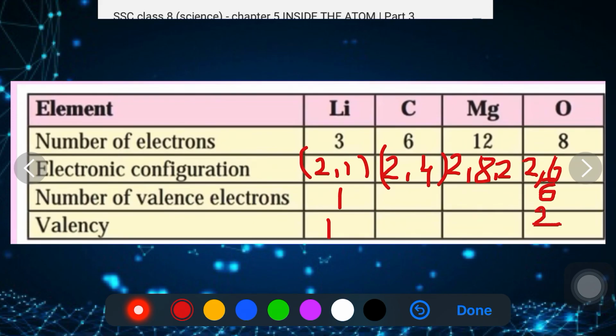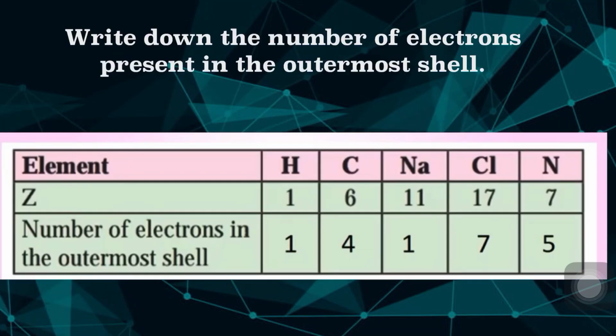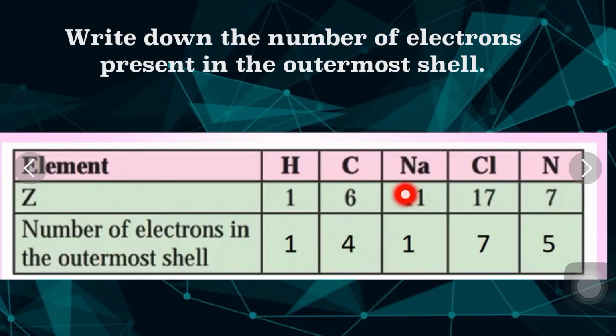As the formula was there, 8 minus X. So 6 is there, 8 minus 6 is 2. So what will the valency be? 2. Now carbon and magnesium you are going to do. One more column is there. You are going to do this column.